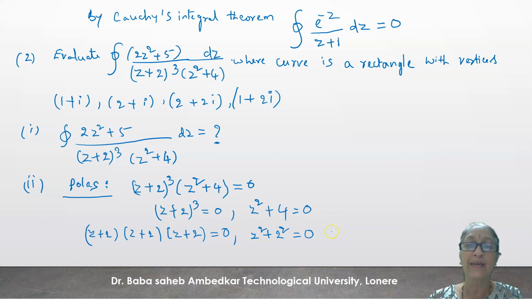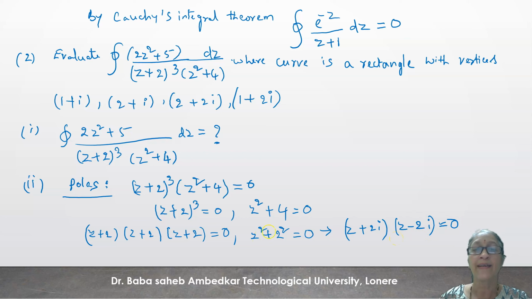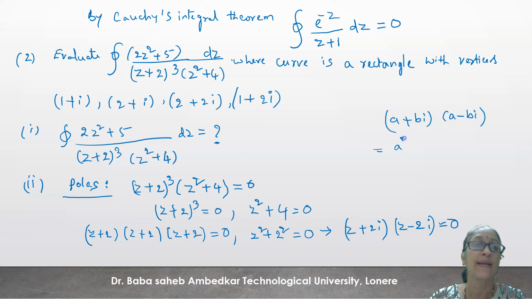Here, if you find a plus sign in the middle, then z square plus 2 square implies (z plus 2i) into (z minus 2i) equal to 0. We have seen this in our previous lecture. Because (a plus bi) into (a minus bi) equals a square minus abi plus abi minus b square i square.